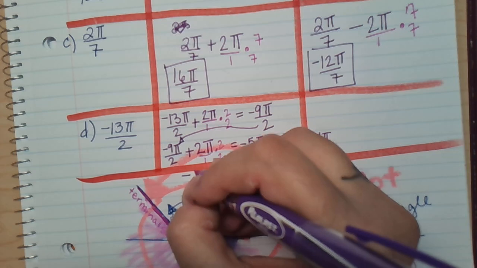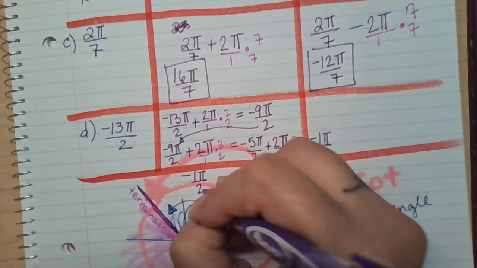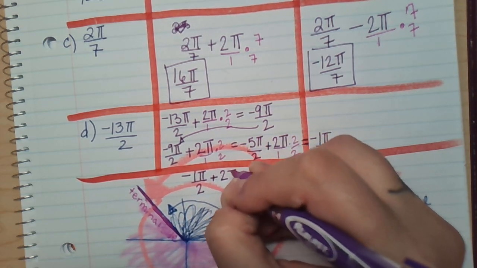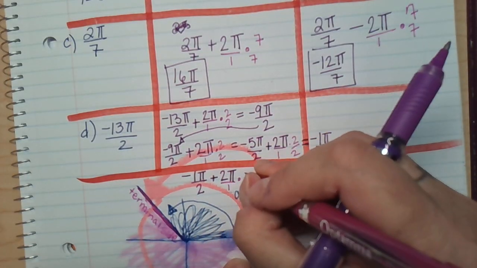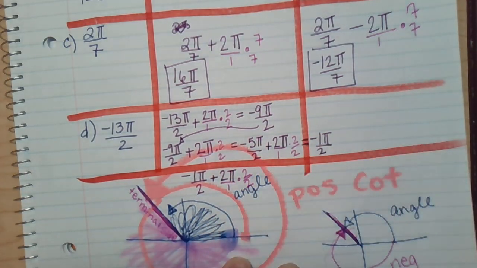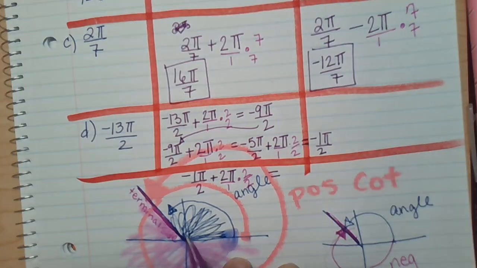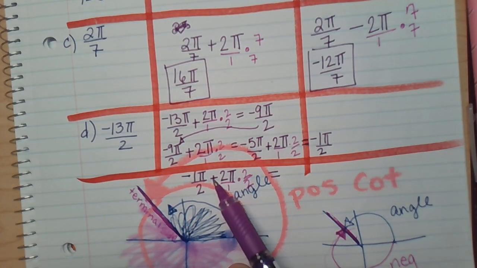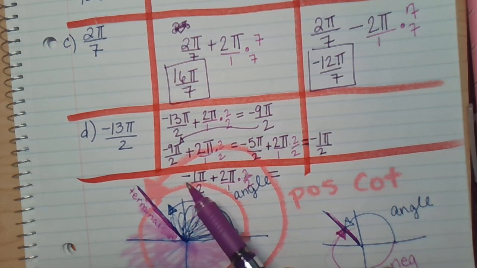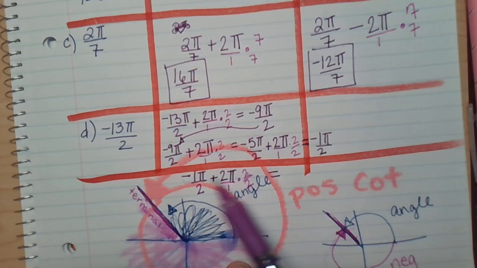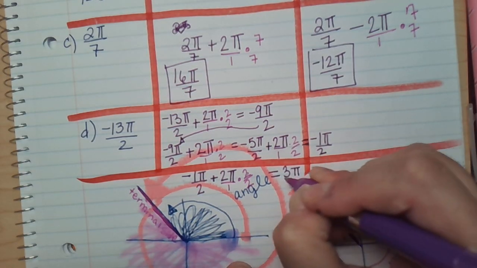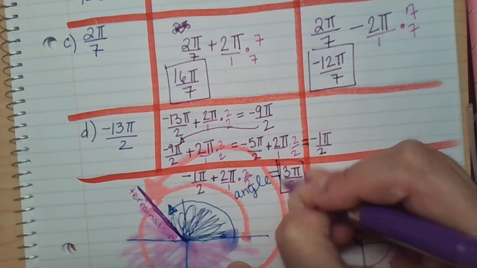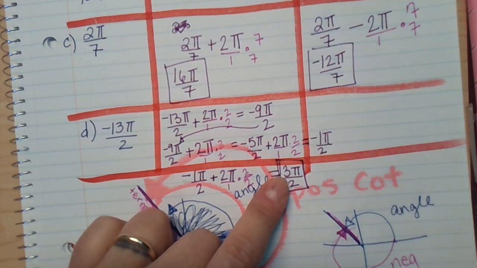So we have to use that -1 pi over 2. And we have to add another spiral because we want a positive angle. And now we get -1 plus 2 times 2. That's 4. -1 plus 4 is 3 pi over 2 and hot dog, that's positive.